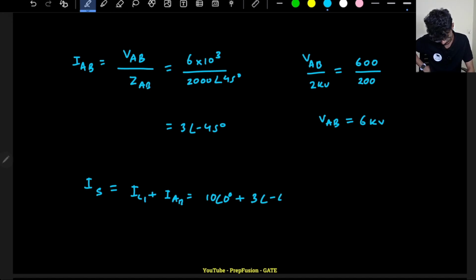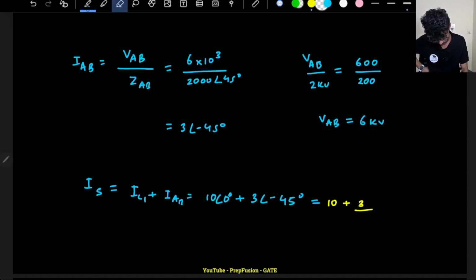Minus 45. So this will be equal to 10 plus 3 by root 2 minus j 3 by root 2.